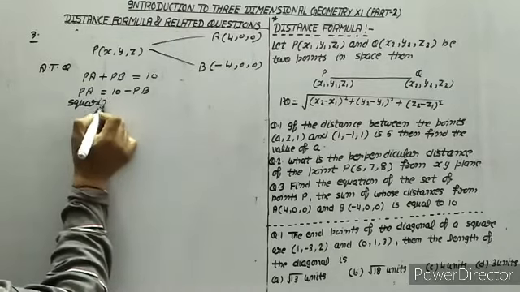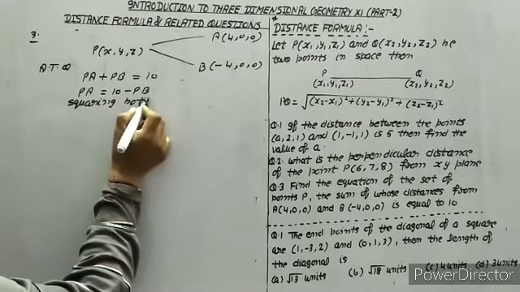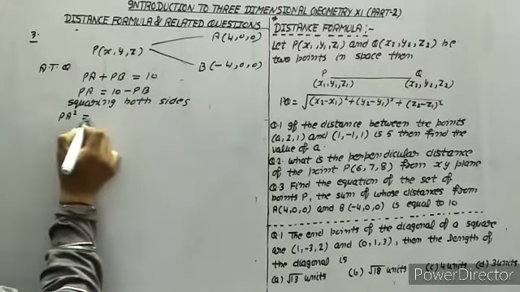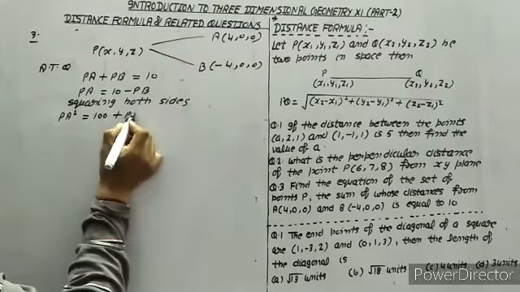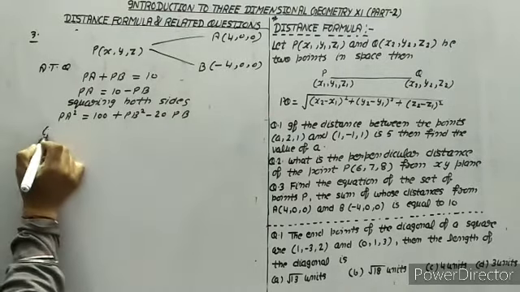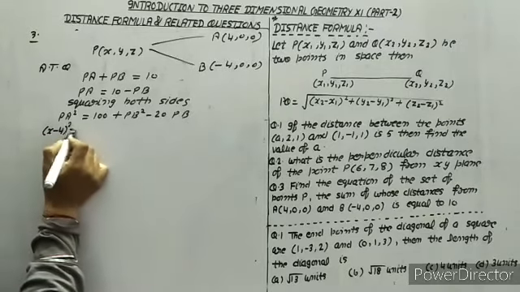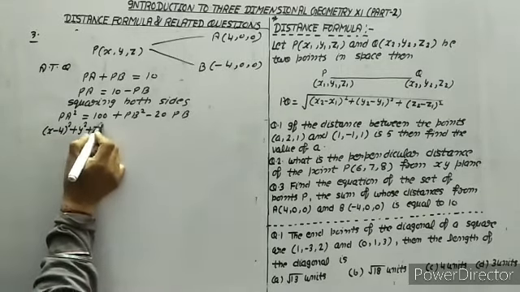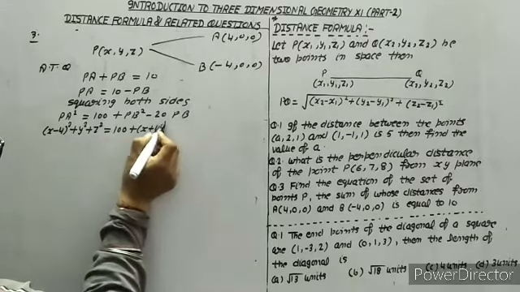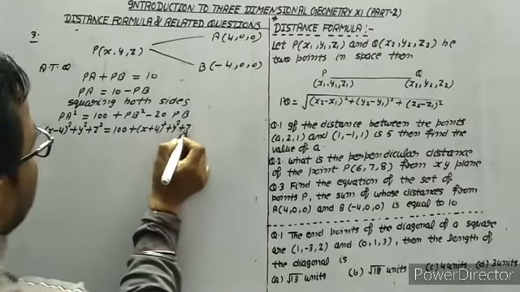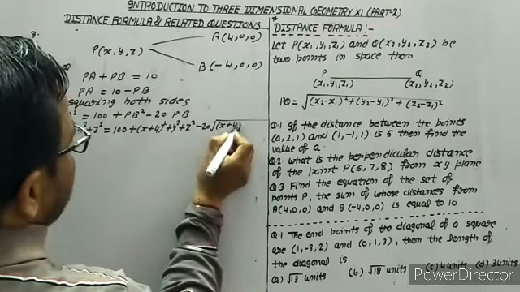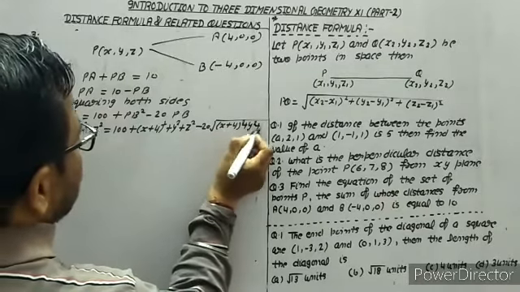So squaring both sides, we have PA square is equal to 100 plus PB square minus 20 PB. By the distance formula, it will be (x minus 4) whole square plus y square plus z square equal to 100 plus (x plus 4) whole square plus y square plus z square, minus 20 under root (x plus 4) whole square plus y square plus z square.